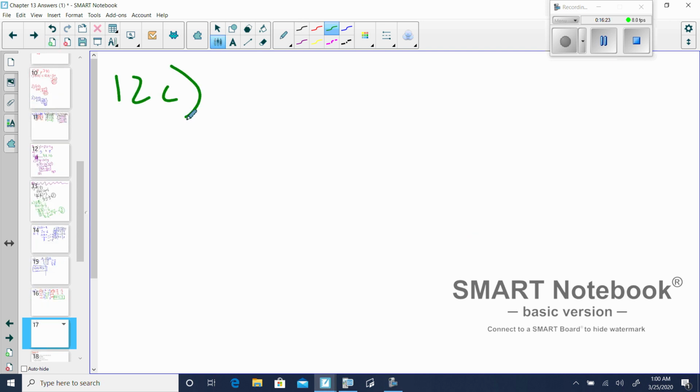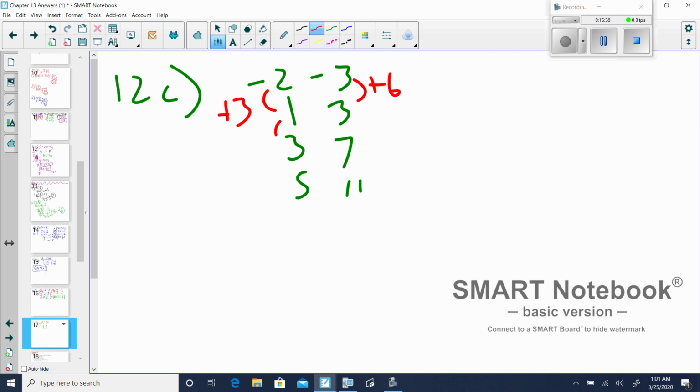And we'll take a look at 12C. So we have -2, -3, 1, 3, 3, 7, 5, 11. So we're going up by 3 here, increases 6. Going up by 2 from 1 to 3. Going up by 4. From 3 to 5, we're going up 2.